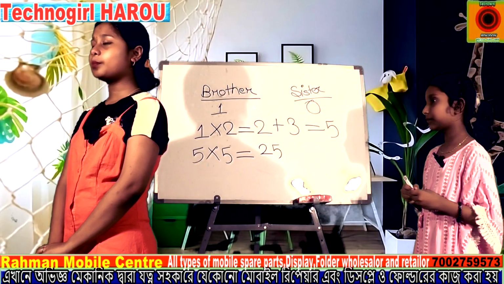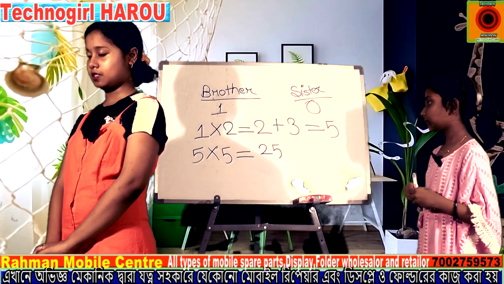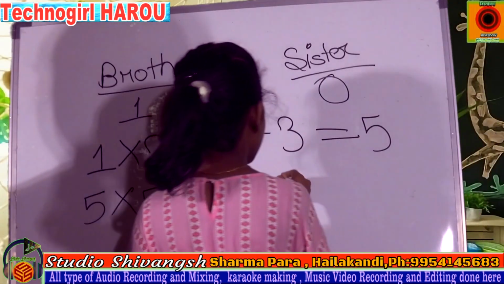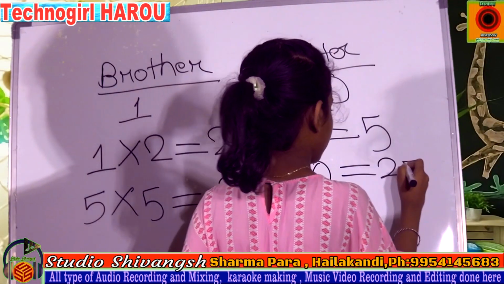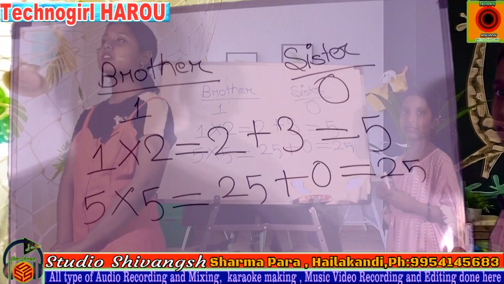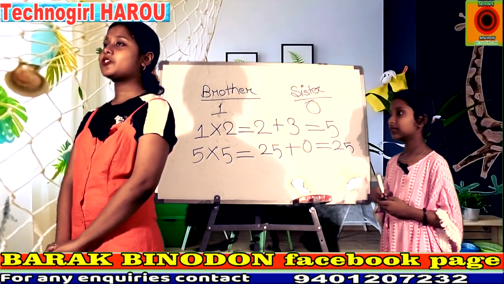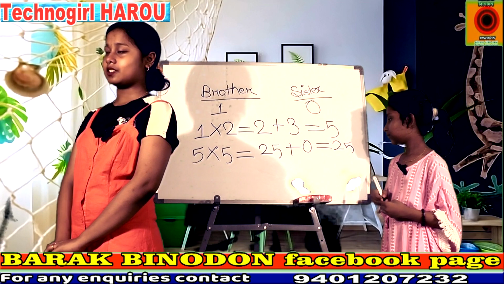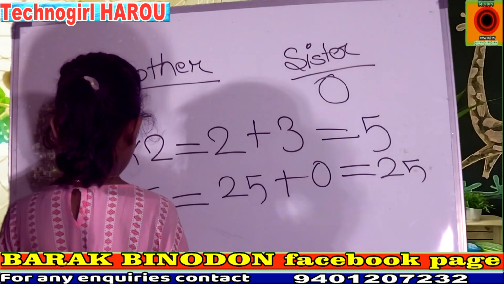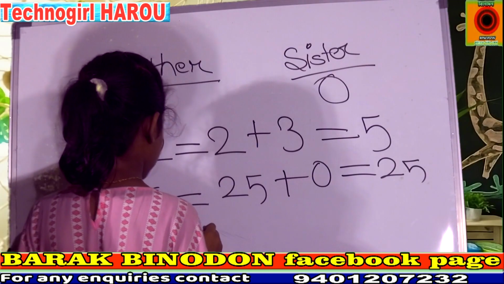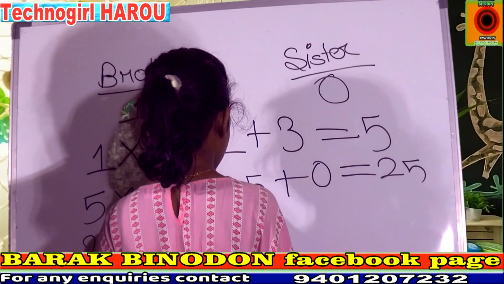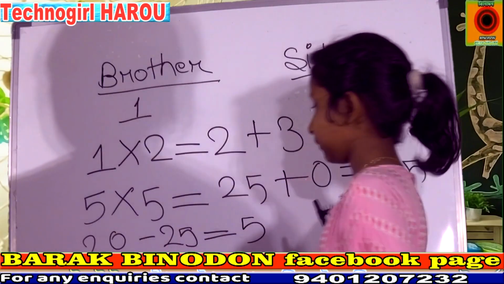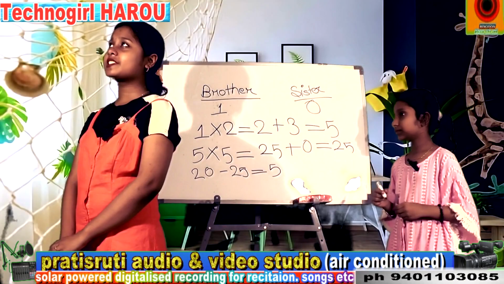Now add the number of sisters you have to this result. Yes. Now lastly subtract 20 from the result. Yes. Now tell me the result.